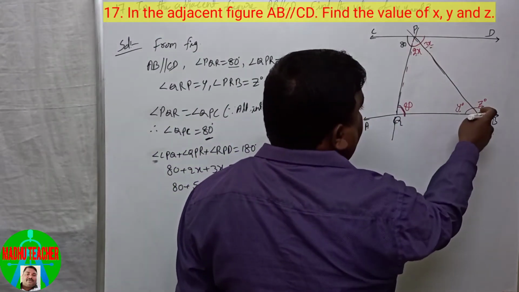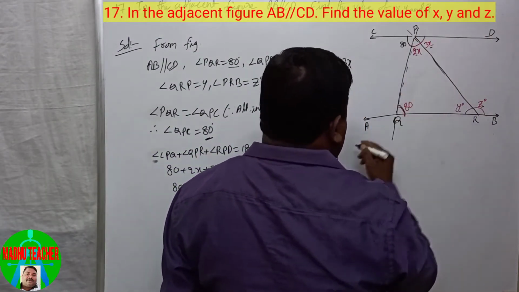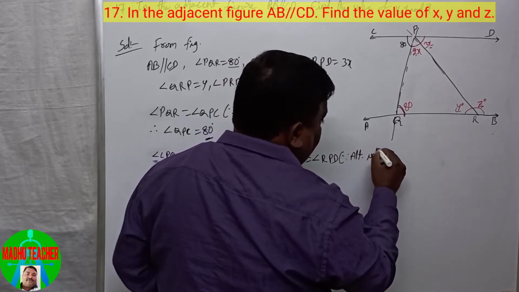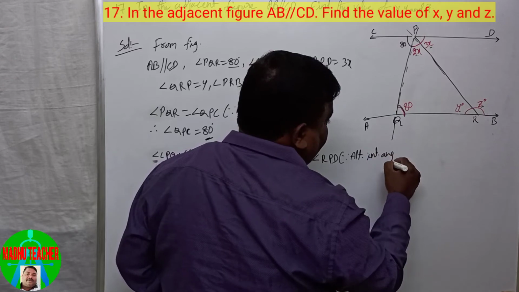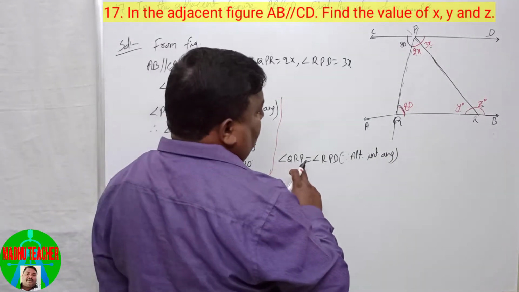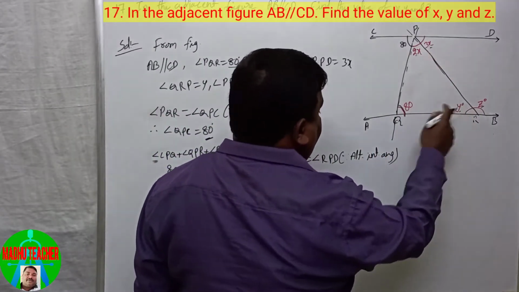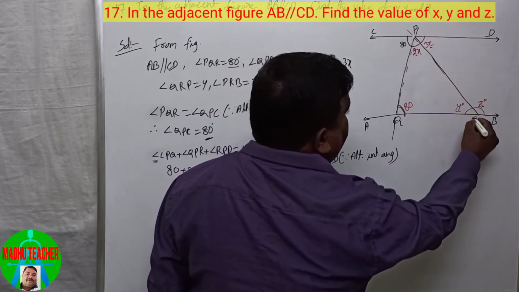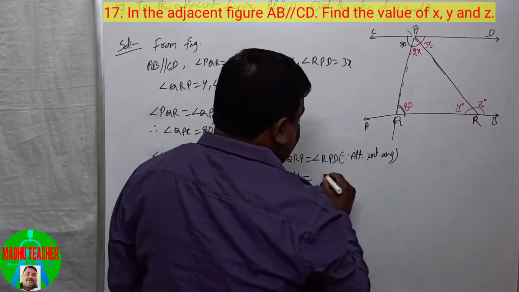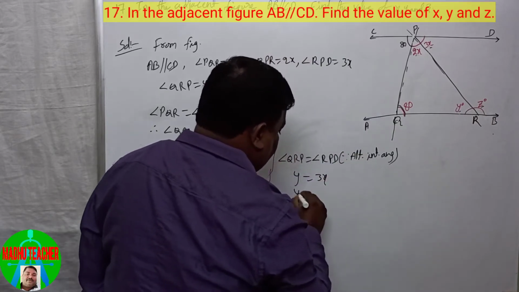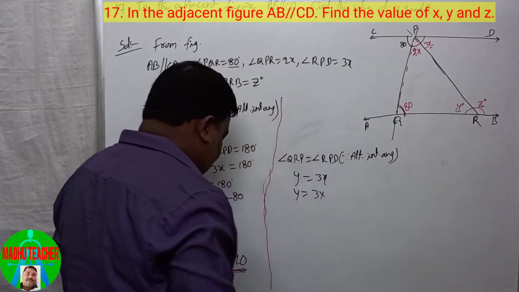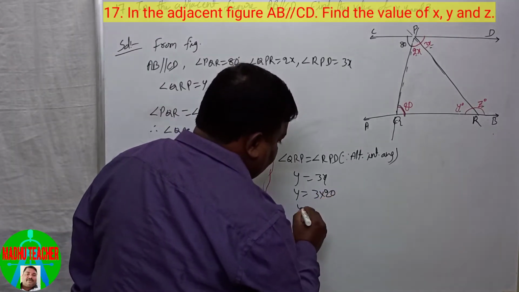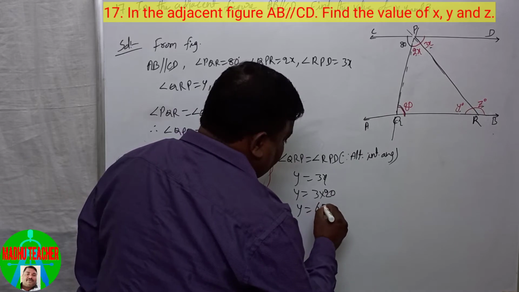QRP, this angle, and RPD, this angle, are alternate interior angles. So QRP, which is y, equal to RPD, which is 3x. y equal to 3 into 20, that is y equal to 60.